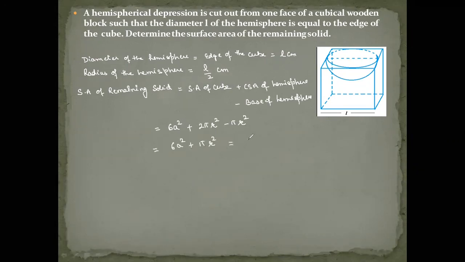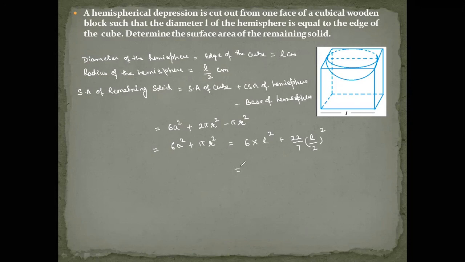So 6 into, our length is l square, plus 22 by 7, radius is l by 2 whole square.